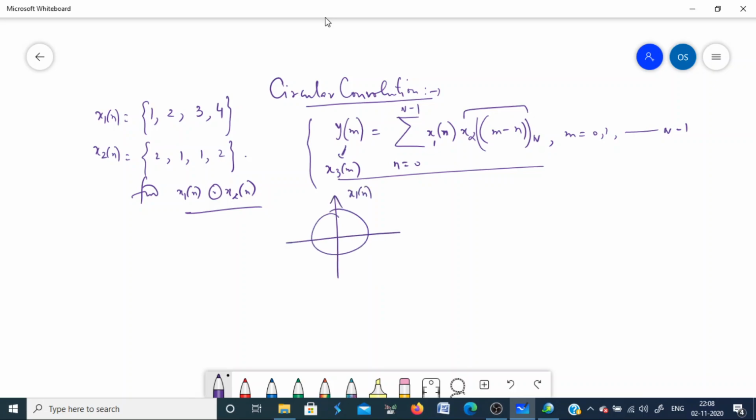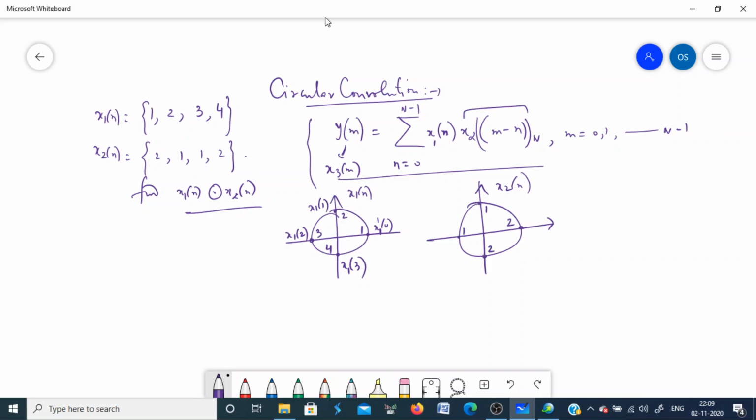This is x1(n), and the second sequence is x2(n). This is x1(0), this will be x1(1), this point is x1(2), and this point is x1(3). So it is 1, 2, 3 and 4 in this case. Similarly, this is x2(0), that is 2, then 1, then 1, and 2.